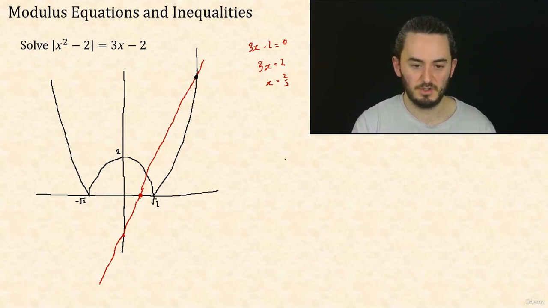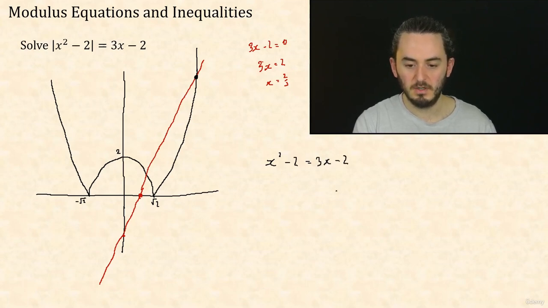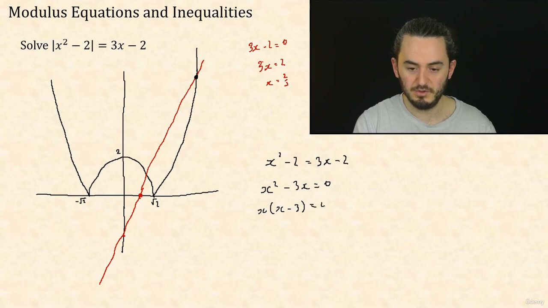So that's a section of just plain old x squared minus 2, and I want to figure out where that intersects with 3x minus 2. We've just got a quadratic to solve here. We can add 2 to both sides and the negative 2s just disappear. Subtract 3x from both sides and factorize out an x. And the solutions here are x equals 0 and x equals 3.